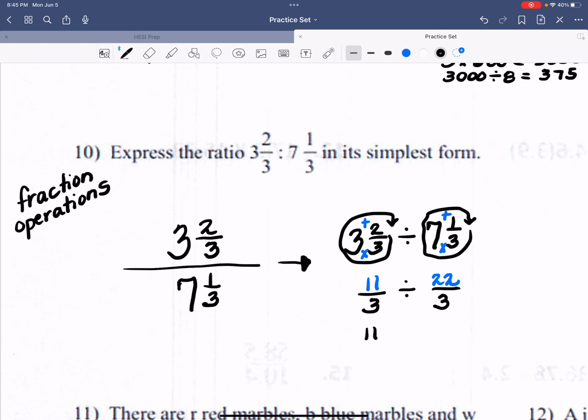And then to divide a fraction, you have to get the reciprocal. Again, if you don't know what I'm talking about, it's okay. Come back to this later. Those 3's are going to cancel. So you get 11/22, which simplifies down to 1/2. And that is the answer to this very complicated problem.